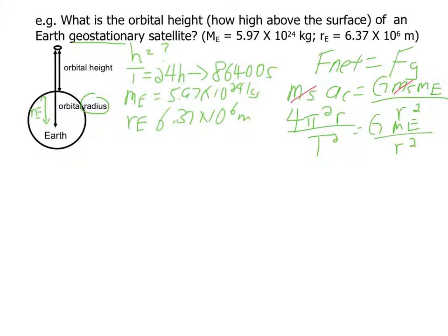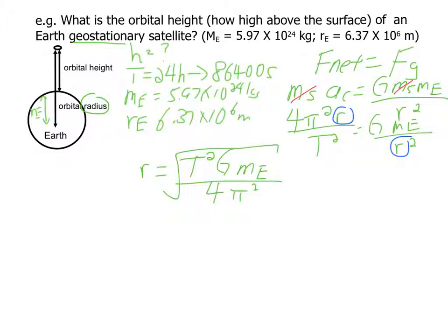We're looking for the radius, which appears on both sides of the equation. But we can collect the like terms and manipulate our equation so that r is T squared times G times the mass of the Earth, all divided by 4 pi squared, and that is all to the cube root.